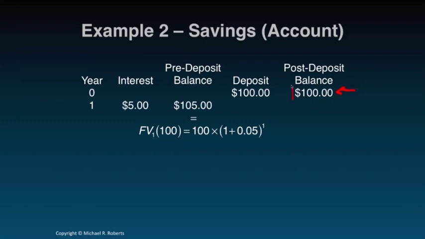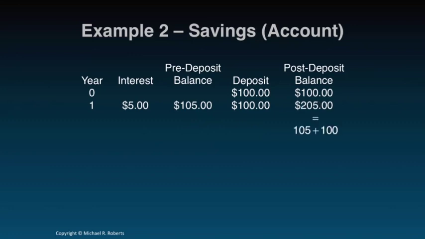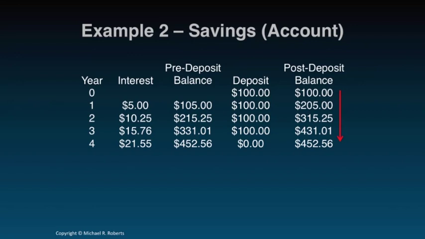The future value of this $100 1 period hence is just the 100 times 1 plus r to the 1. I deposit another $100, and I've got $205 after the first year. We continue this process for 4 years, and lo and behold, we're left with $452.56 at the end of the 4th year.